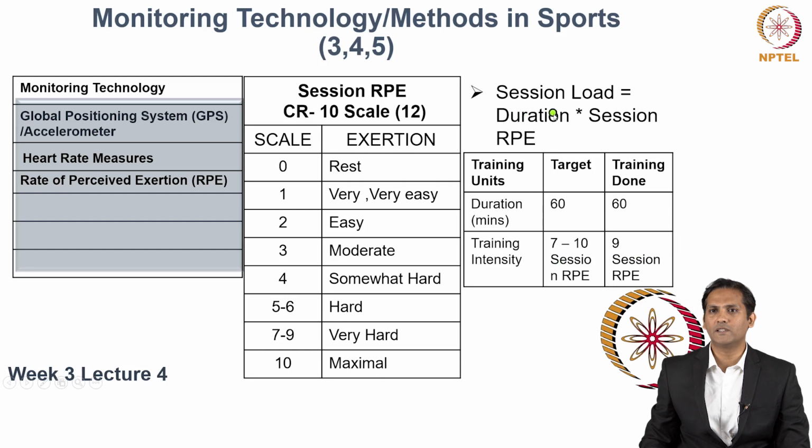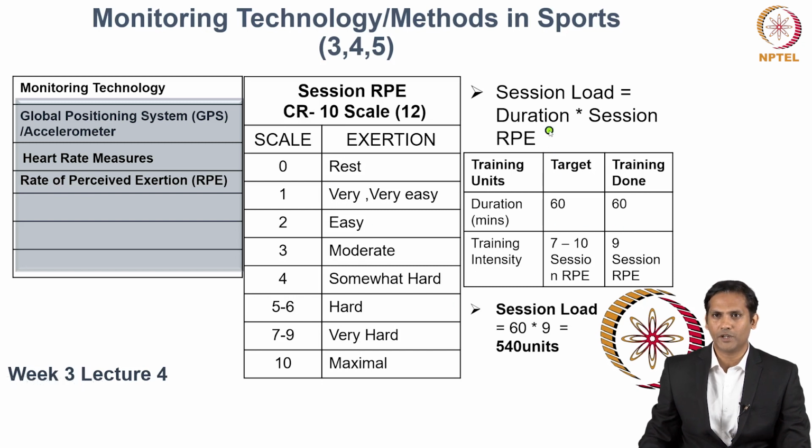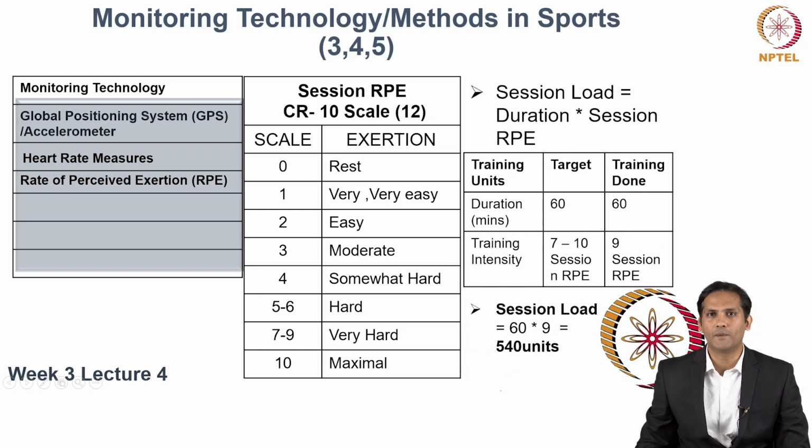So how do you calculate the session load for a given training session? Using the formula, 60 minutes duration multiplied by session RPE, that is 9, which comes out to be 540 arbitrary units. That's how you can monitor the training stressors or the training responses for a sporting activity or a physical activity session.